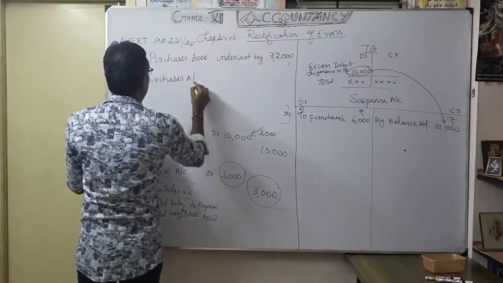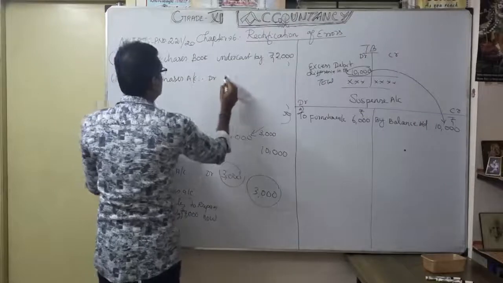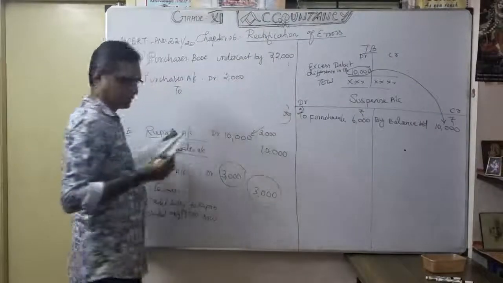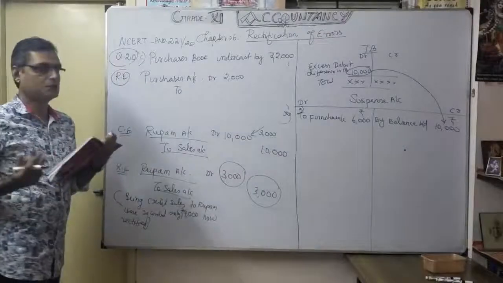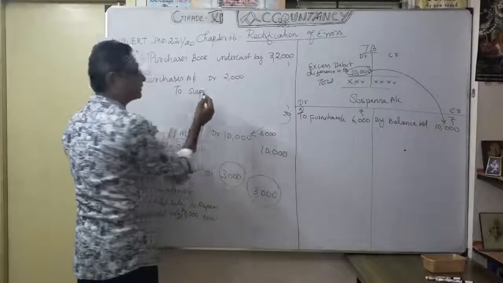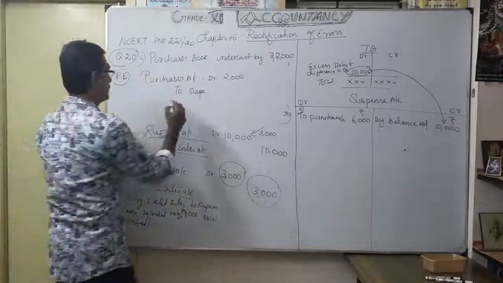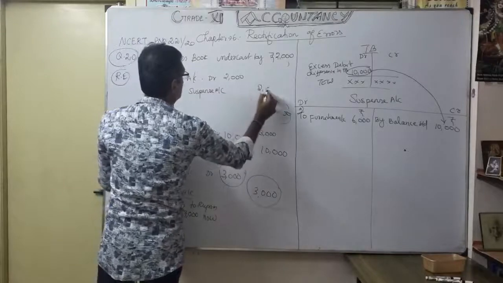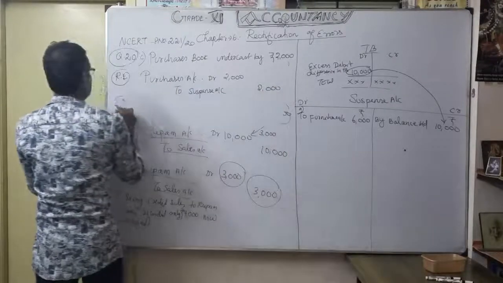Purchases account debit how much? 2,000. So now credit part is what? Our credit part is suspense account. Because only the under cast, we are giving effect only to debit side. So to suspense account 2,000. So what is the narration?